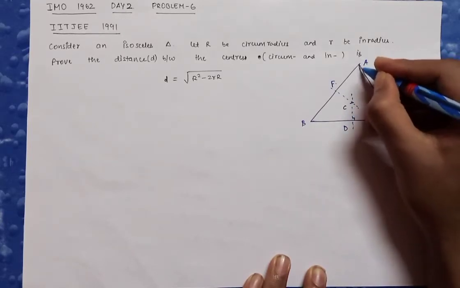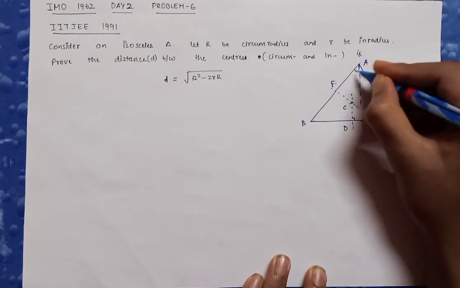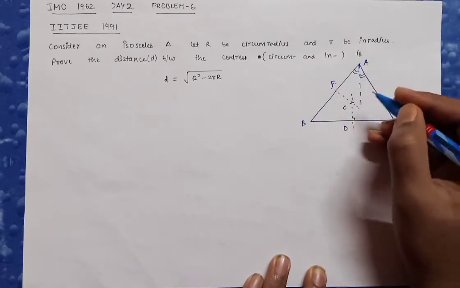And the incenter is the point of concurrency of the internal angle bisectors. So I'm drawing those.